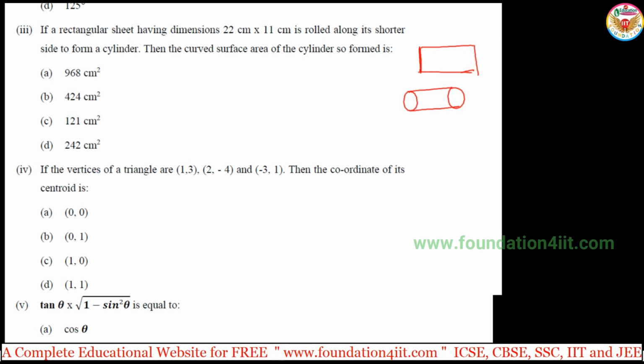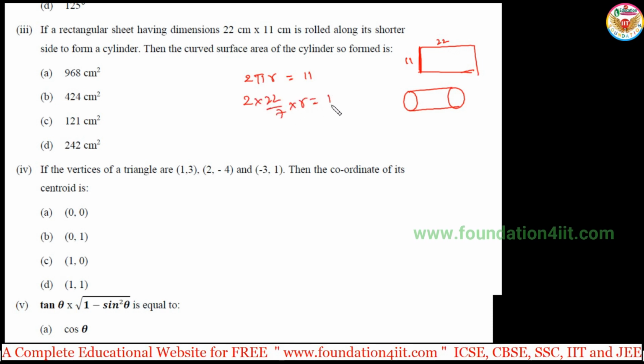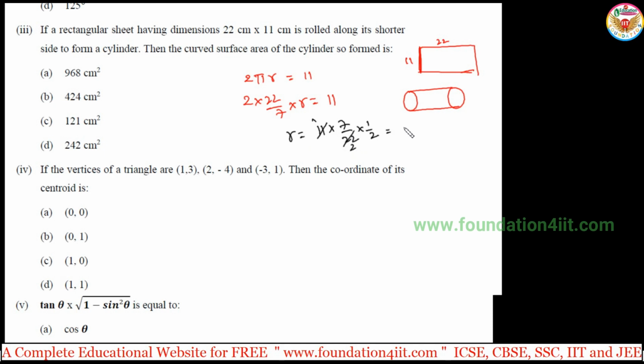So here the shorter side is 11 and 22, right? So this is 2 pi r, circumference of the circle. So 2 pi r is equal to 11. Now 2 into 22 by 7 into radius is equal to 11. From this you can find out the radius. So 11 into 7 by 22 into 1 by 2. 11, 2. So 7 by 4 is the radius.